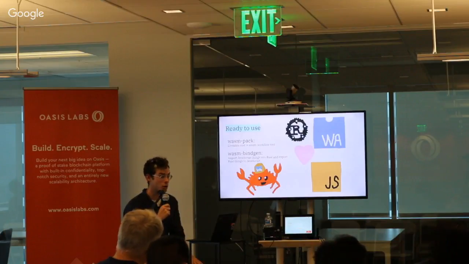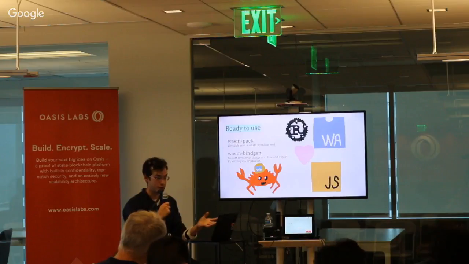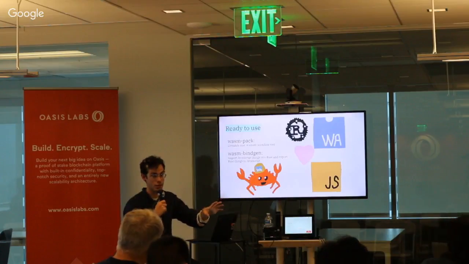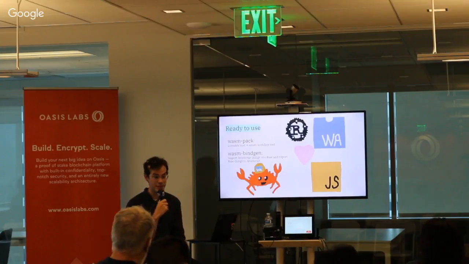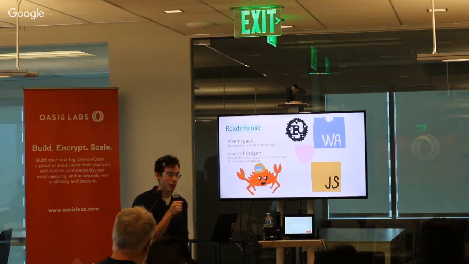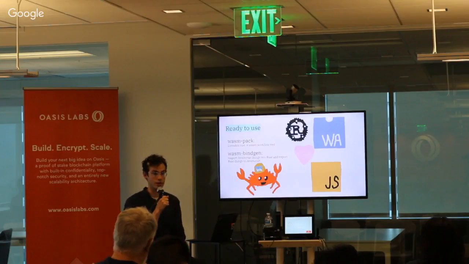So you can write a class in Rust, have it run as WebAssembly, and then just call it in JavaScript, and vice versa. There is some complexity there, since it's not an obvious mapping, but they make it so you don't have to worry about it. You can just call functions and stuff.